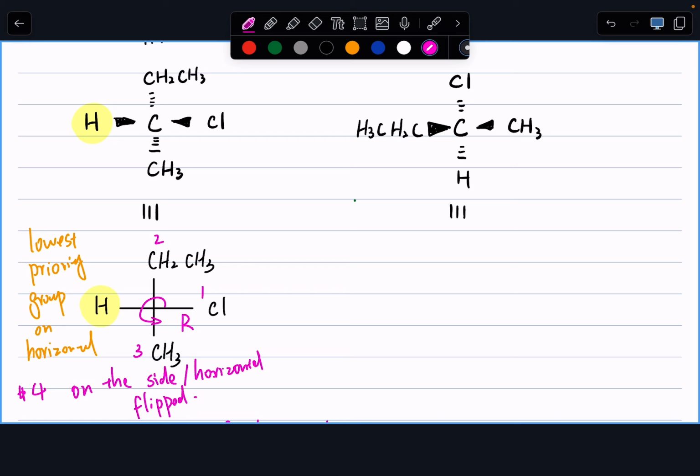And the logic is the same as our normal assignment: if you put the lowest priority on the front instead of on the back, you're effectively flipping the RNS.